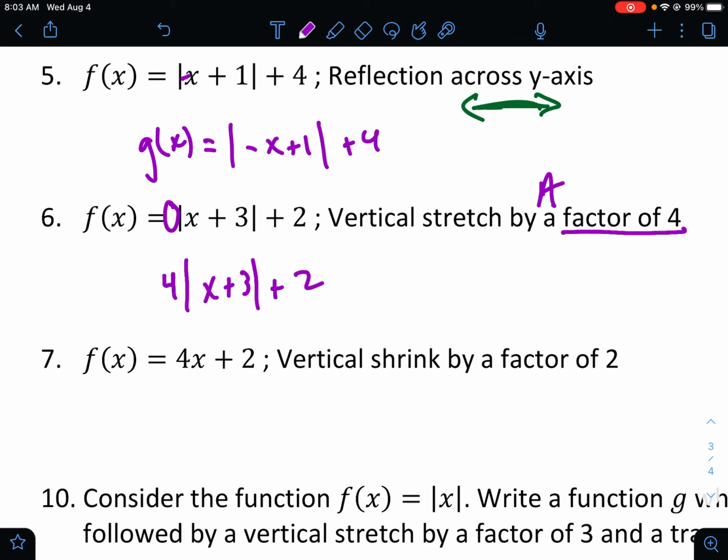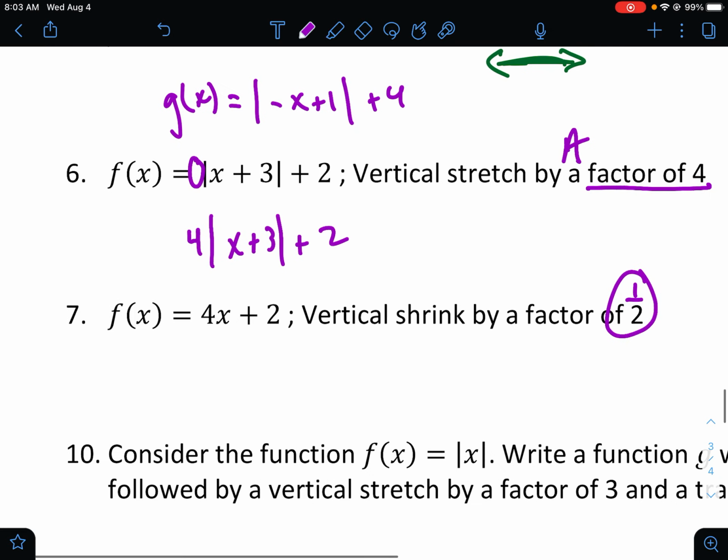And a vertical shrink by a factor of 2. This is kind of worded weird, because usually we say vertical shrink by a factor of 1/2, instead of 2. We don't have vertical shrinking when the factor is greater than 1. So you're not going to see that. If you see a vertical shrink, it's always going to be a fraction of some sort.